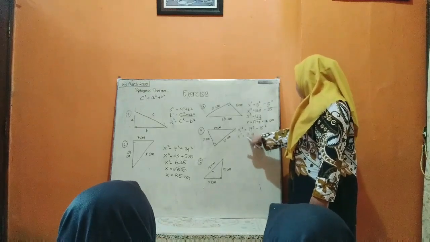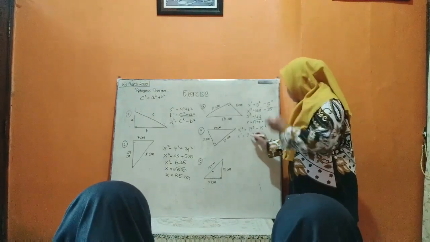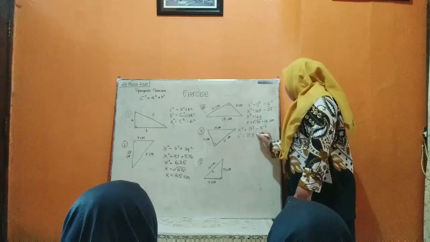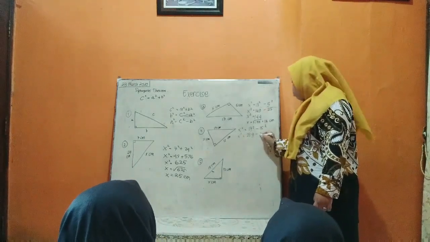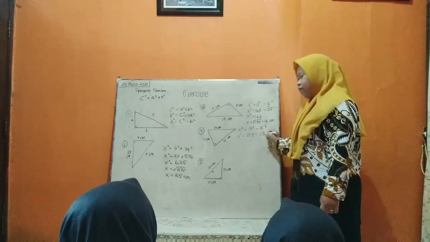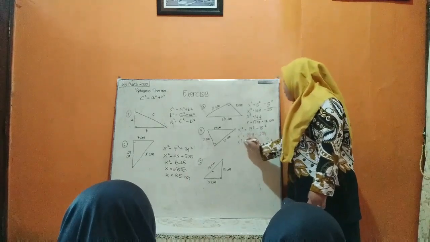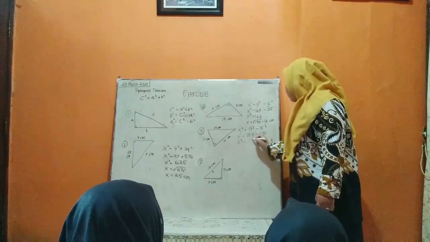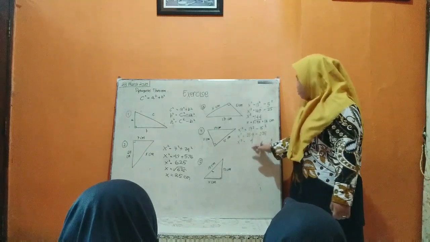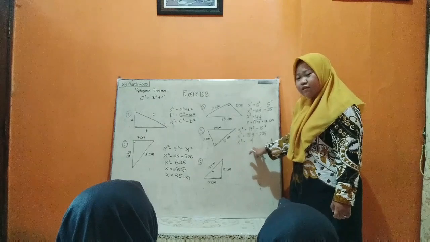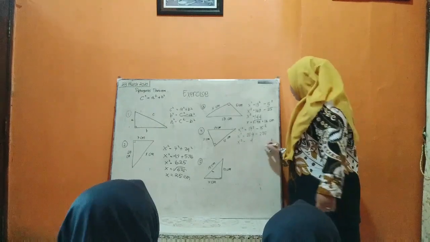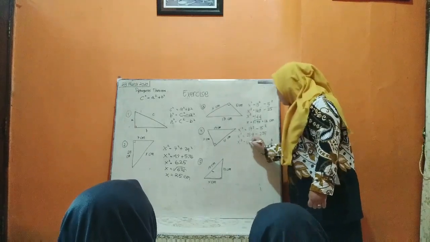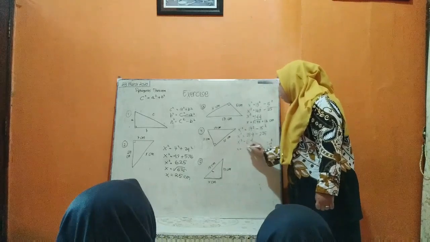This is false, and the correct one is 289 minus 225. So x square is 64. So x is equal to 8.